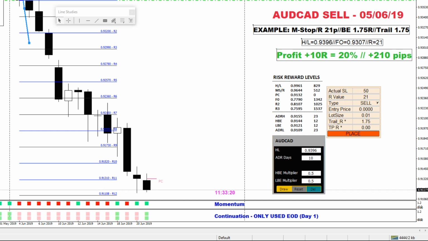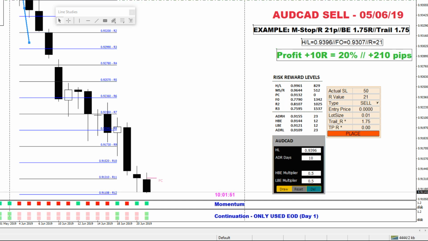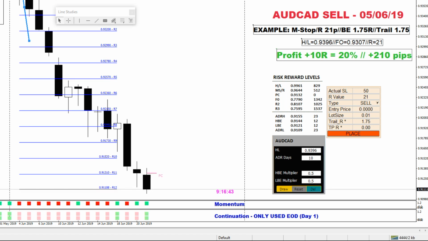R10 is the stop. And there it is. We've closed out at R10.